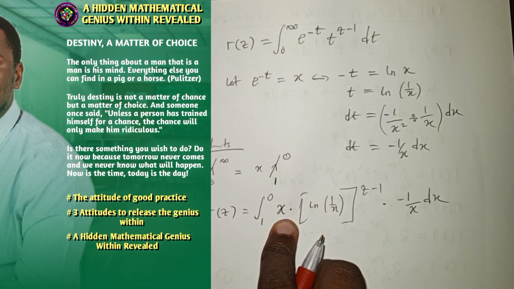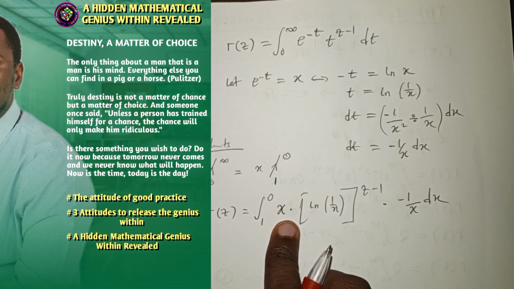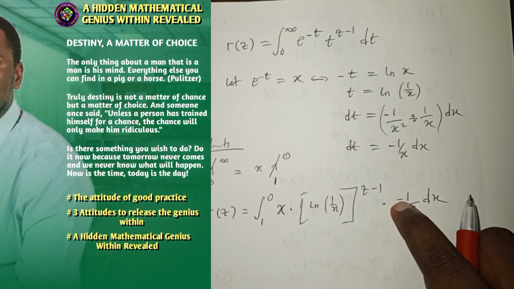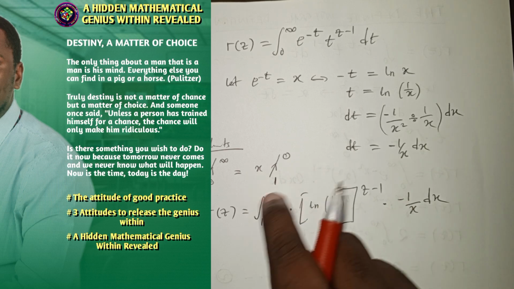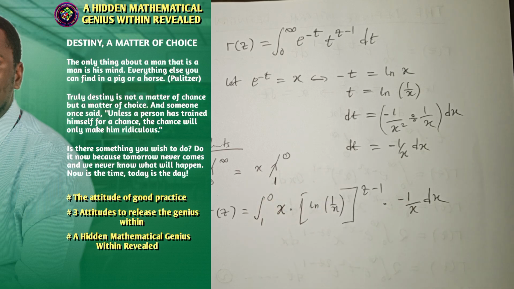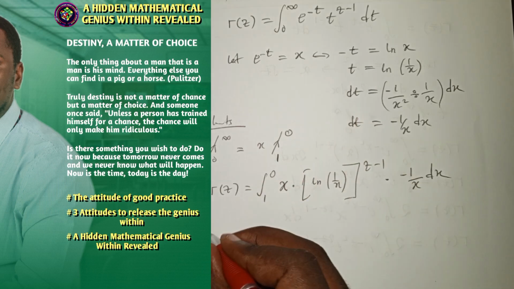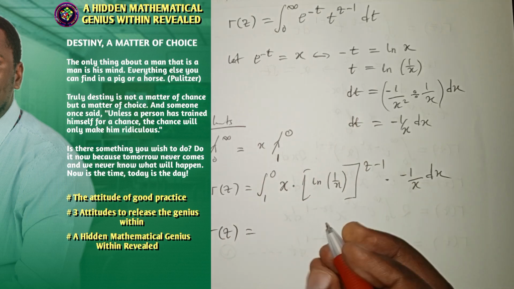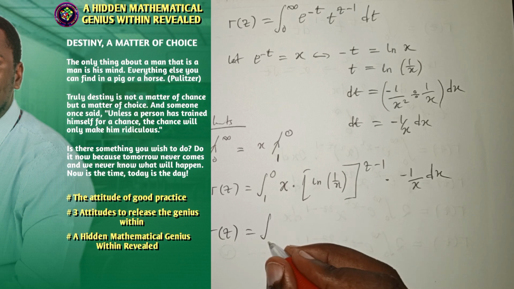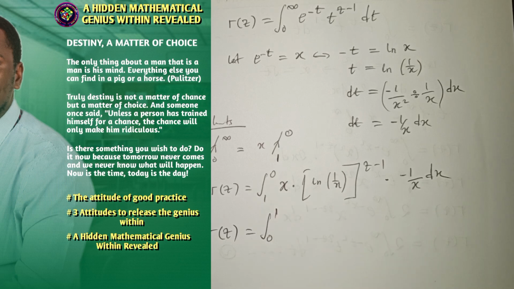And always remember that when you multiply an integral with a minus, the limits will swap. So this minus is going to change this limit. So gamma of z is equal to integral from 0 to 1.